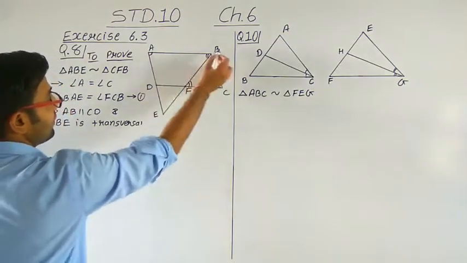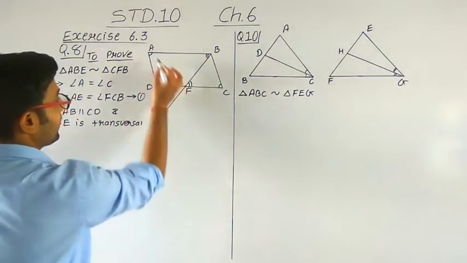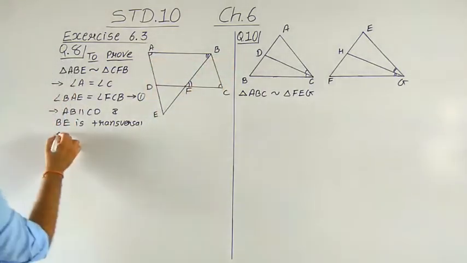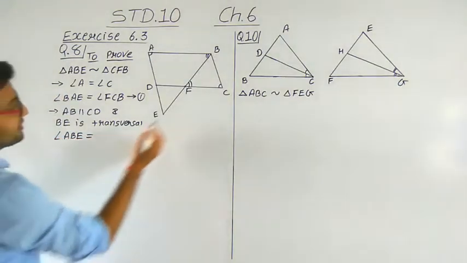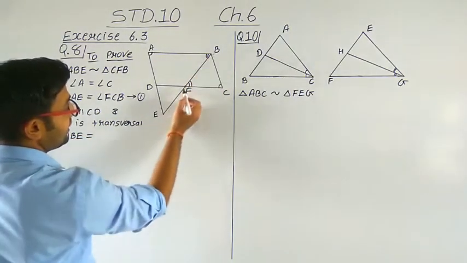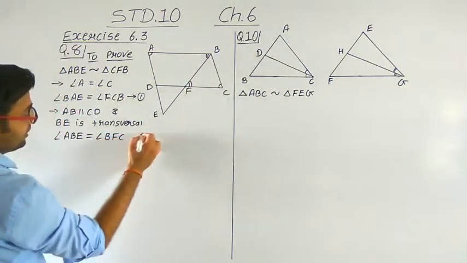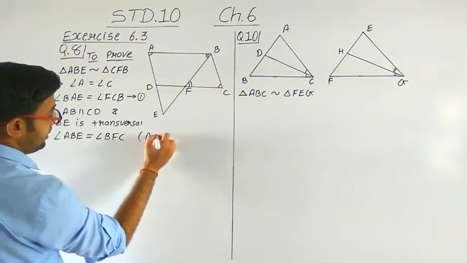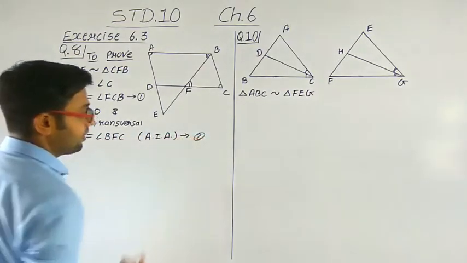So this angle we can write as angle ABE, and this angle we can write as angle BFC. This we write according to the alternate interior angle property and give it equation number 2.